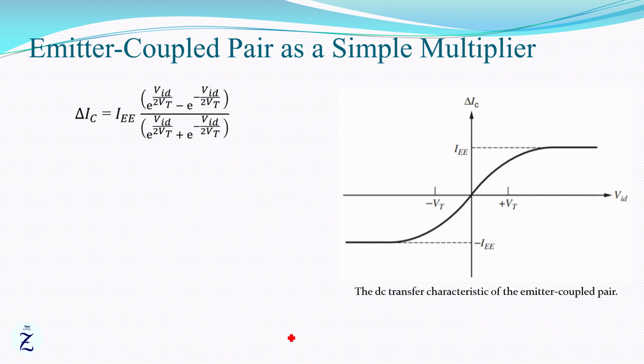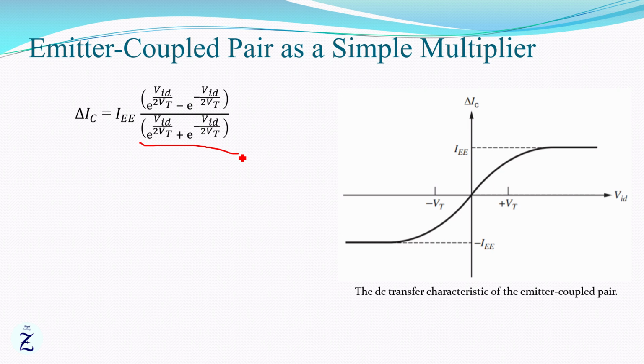Therefore, delta IC will be equal to IEE into e raised to VID divided by 2VT minus e raised to minus VID divided by 2VT, whole divided by e raised to VID divided by 2VT plus e raised to minus VID divided by 2VT.